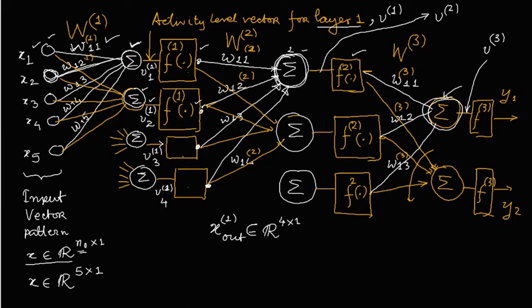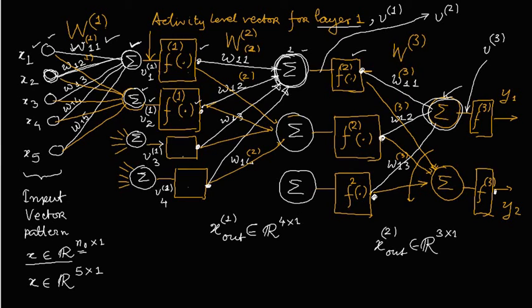Now outputs of the activation functions of the second layer will be represented by a vector X out 2, and their dimension will be, these are 3 activation functions, so 3 cross 1.